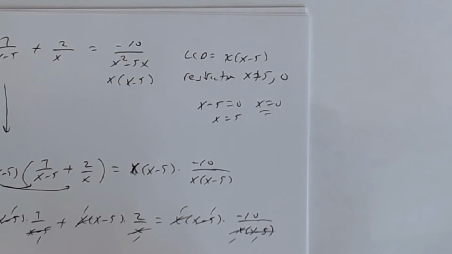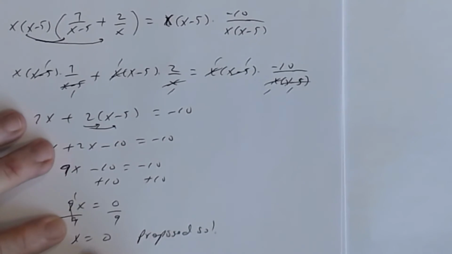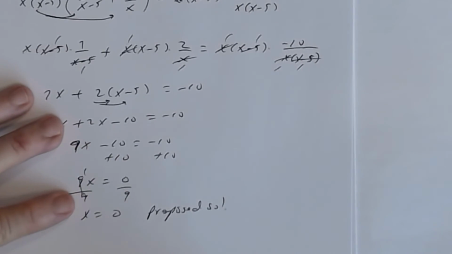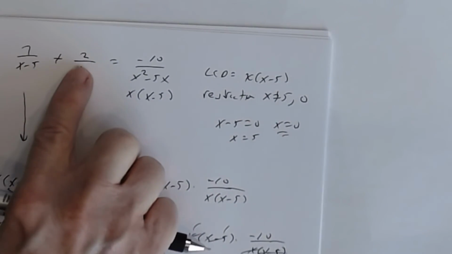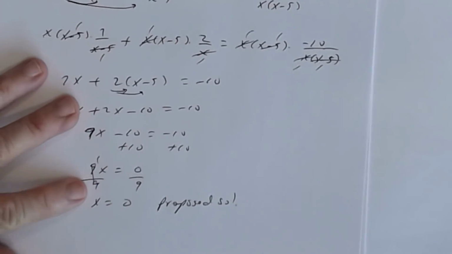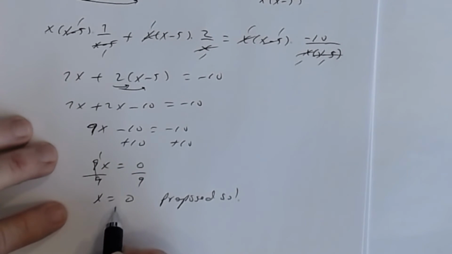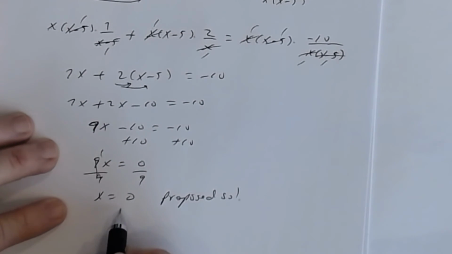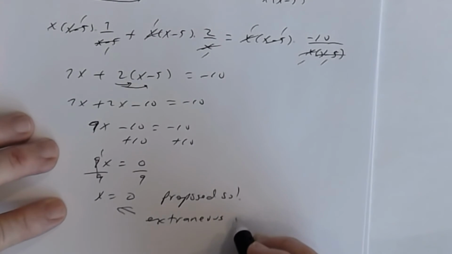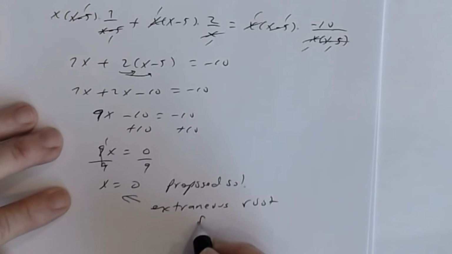So you got to find your restriction. So your question has to be based on your restrictions. All right, so 0 can be an answer. It's just not an answer to this one because that's a restriction. Okay, now listen carefully. So x equals 0 is a restriction. We sometimes call this an extraneous root. So you may have heard that in one of the lessons that you studied, extraneous root, meaning a false root.